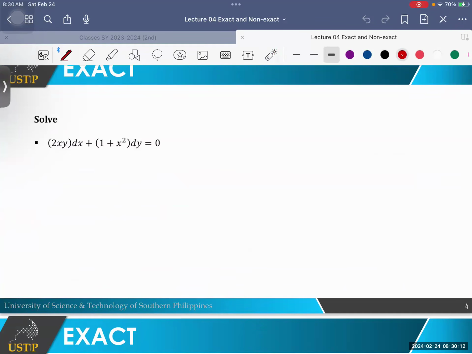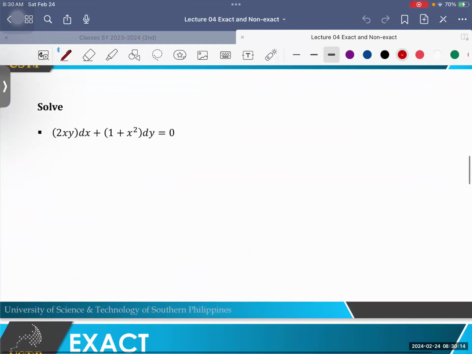Okay, so we have here 2xy dx plus quantity 1 plus x squared dy is equal to 0. So, atong notation na this is our M and this is our N. Now, how do we test the exactness? By the way, class, if you look at this differential equation, makaingon jud ka nga diretso nga variable separable na.